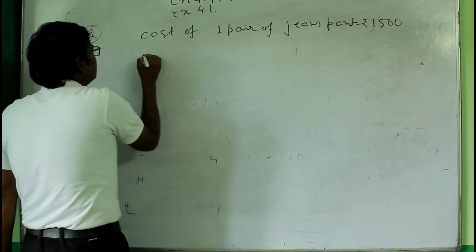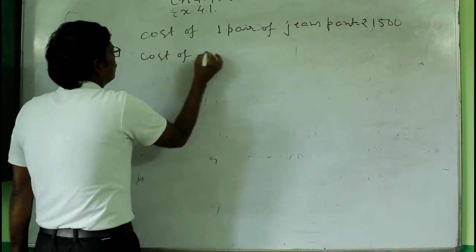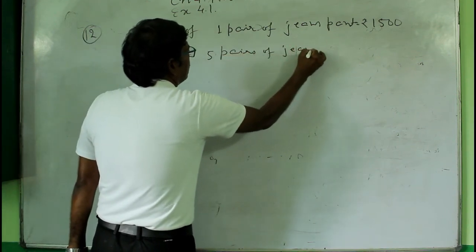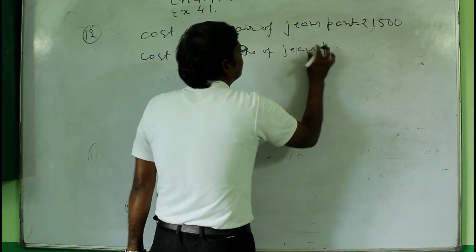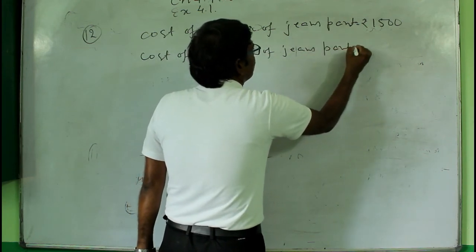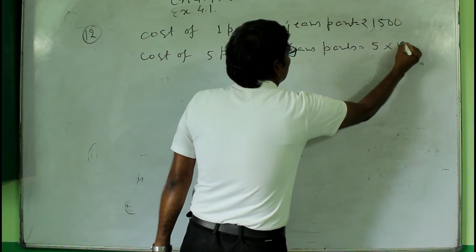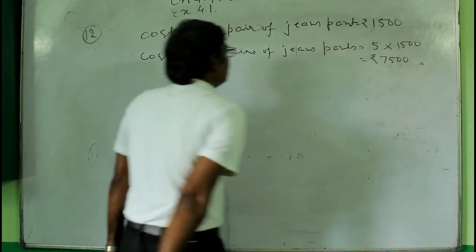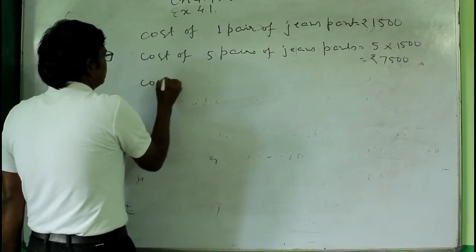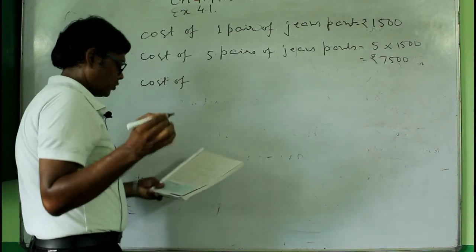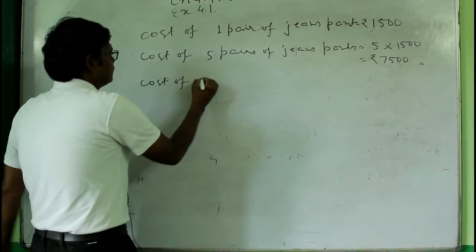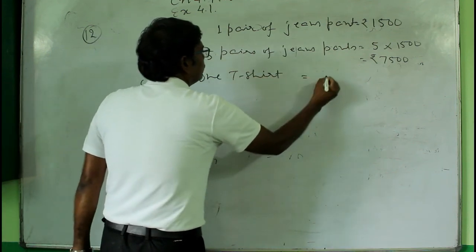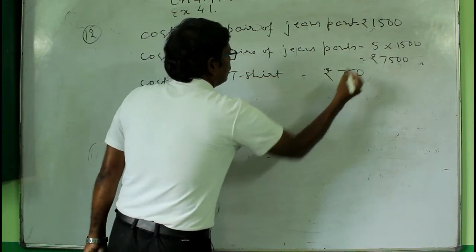Then here you will write the cost of 5 pairs of jeans pant equal to 5 into 1,500, so this much is the cost of all the 5 jeans pants. Then the cost of one t-shirt equal to rupees 750.